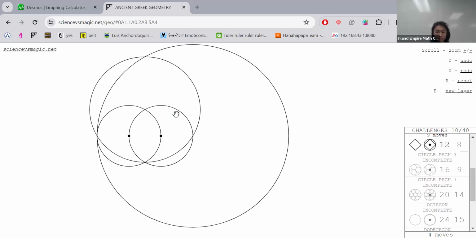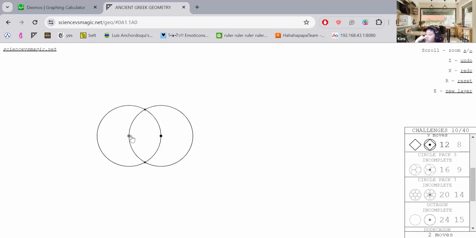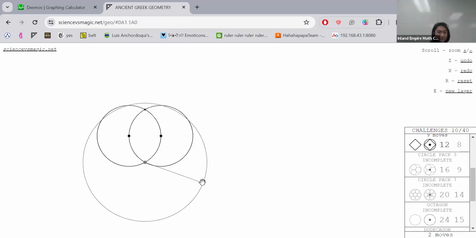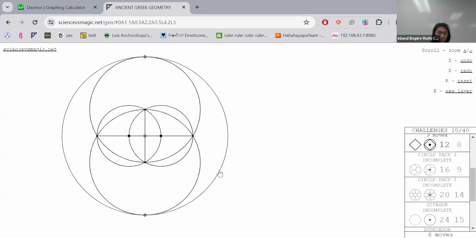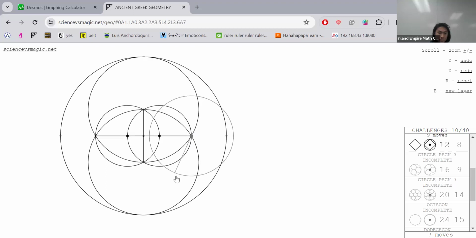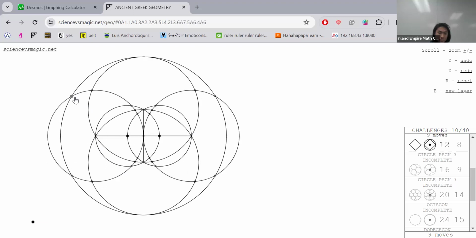But let's see, do you have any ideas for this? No. It's okay, I don't either. Let me think. Start by drawing what I have, and we'll see if it works out. Keep on making hexagons.